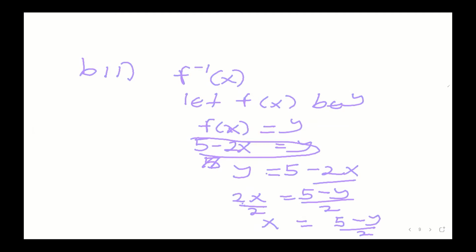So it was -2x, and then I took 5 to the side of y, it became negative. And then I got -2x is equals to y minus 5. And then I divided both sides by -2, and I got x is equals to y minus 5 divided by -2. Okay, thank you.